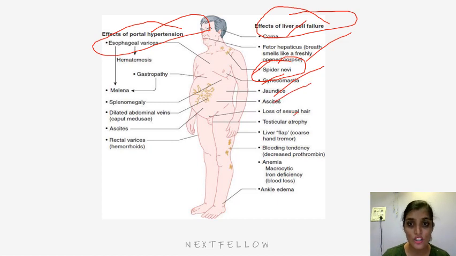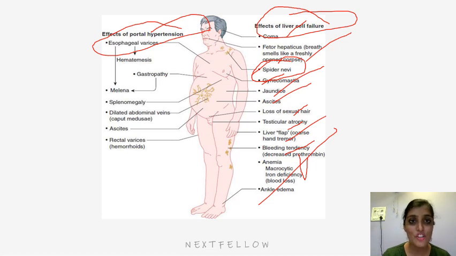Also ascites, loss of sexual hair, testicular atrophy, liver flap or flapping tremor, also called asterixis, coarse hand tremor, bleeding tendency due to decreased prothrombin, manifested by increased prothrombin time, anemia that is microcytic or iron deficiency anemia due to blood loss from esophageal and lower GI bleed, and pedal edema.